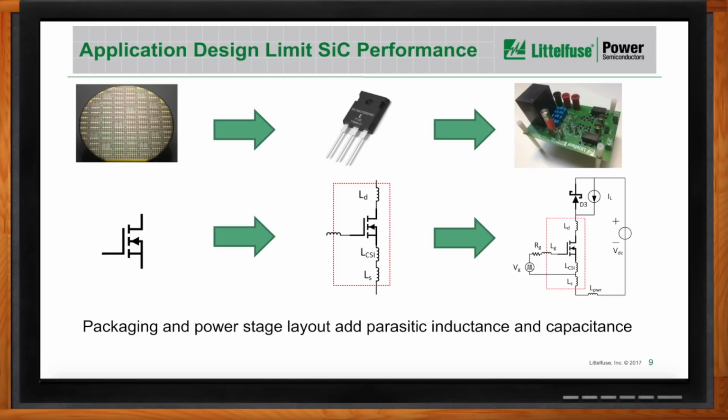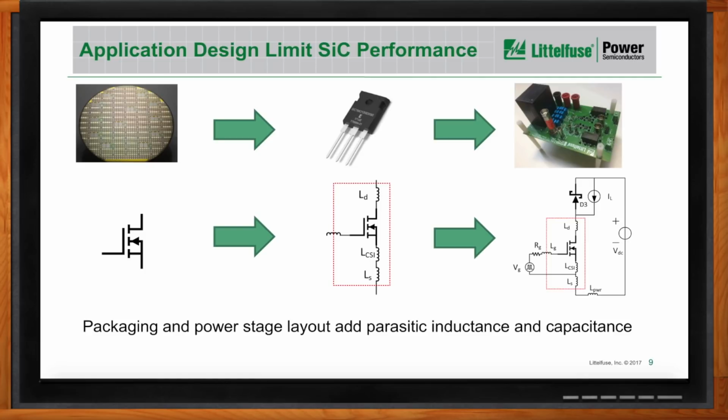Then these voltage overshoot, common mode noise, and radiated noise issues will be 3 times more severe for silicon carbide devices than silicon devices. That's why we're saying that these application designs are limiting the performance of silicon carbide devices. They may not be an issue for silicon devices, but they become a big limitation for silicon carbide devices.